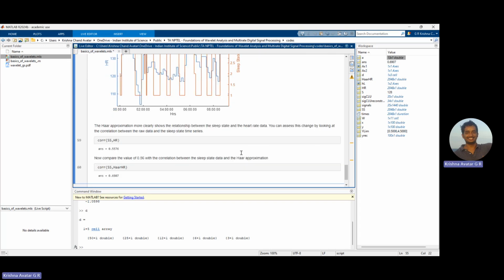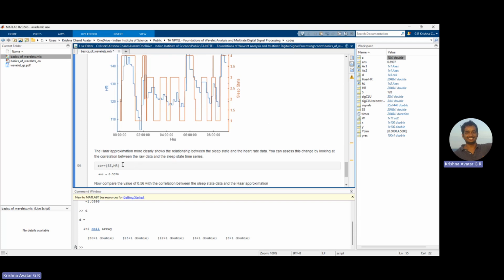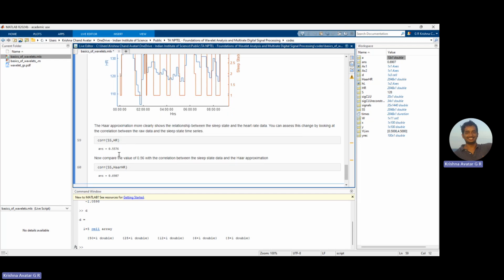We can now take a look at the correlation between the data. Taking the correlation between sleep state and heart rate, it's not very high, but it's quite reasonable, which is 0.5576. A correlation of one implies perfect correlation, of course.